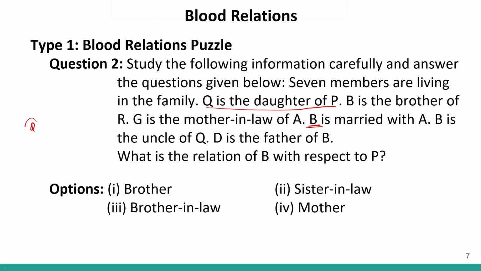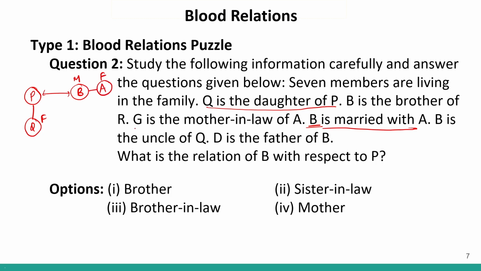So I am drawing this on the side. Q is basically the daughter of P. Okay. I am holding this information. It is given to us that B is the uncle of Q. So if B is the uncle, that means it has to be a certain relationship with either P or P's spouse. Correct? So let us assume for P that B is the uncle of Q, so male, and B is married to A. So B is married to A, so A will be female.